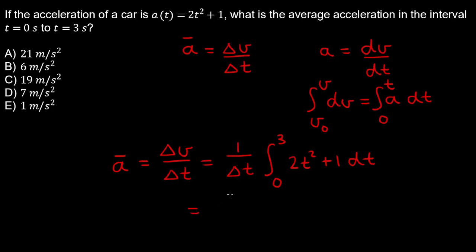And therefore, 1 on delta t is 1 on 3 minus 0. And evaluating the integral, we have 2t cubed on 3 plus t, evaluated from 0 to 3.